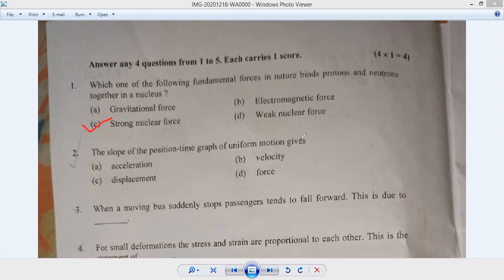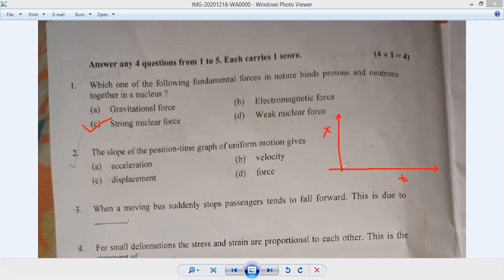The next question is, what is the slope of a position time graph of uniform motion? So we can draw the axis. For uniform motion, we know that the position will be changing at a regular interval.